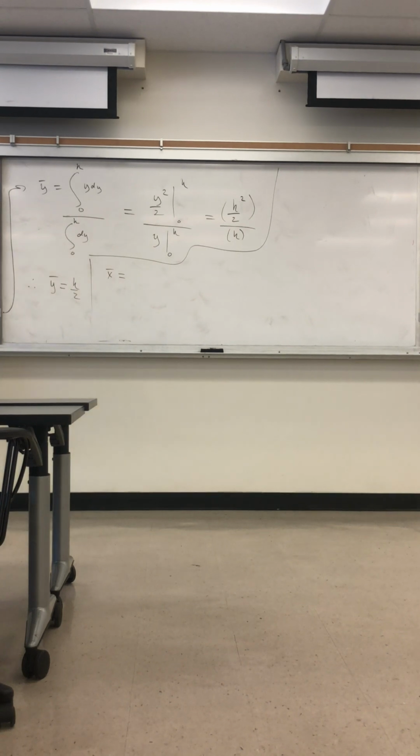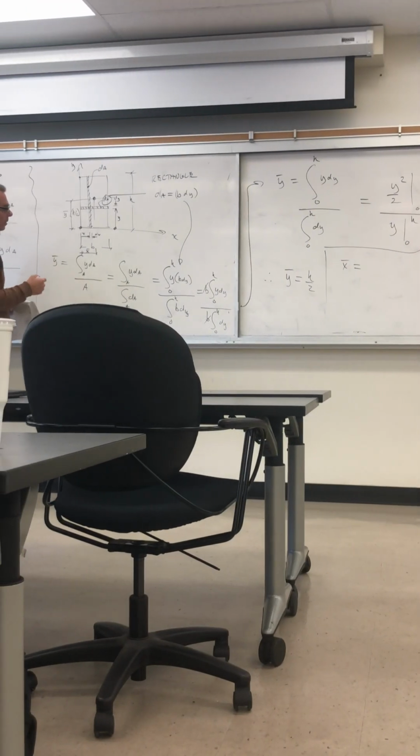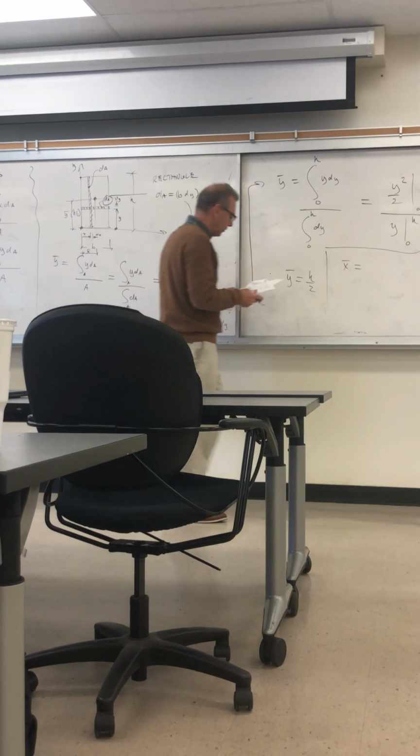So that's y bar, and then this is x bar over here. Because it's a simple rectangle, it's just b over 2.